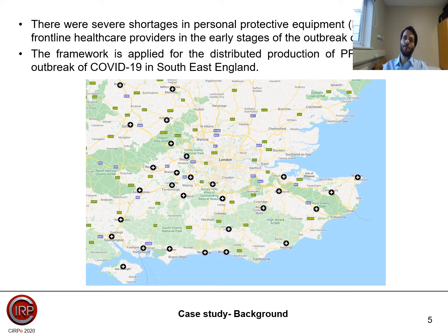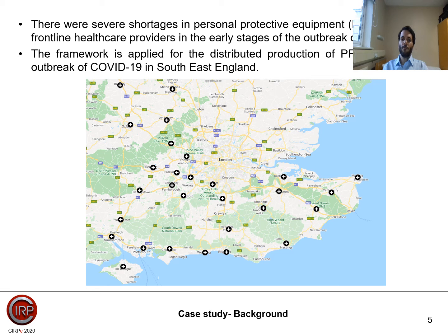The region of southeast England, which is the country's most populous region, has been chosen. The locations of existing hospitals are assumed to be the demand points for the face shields.